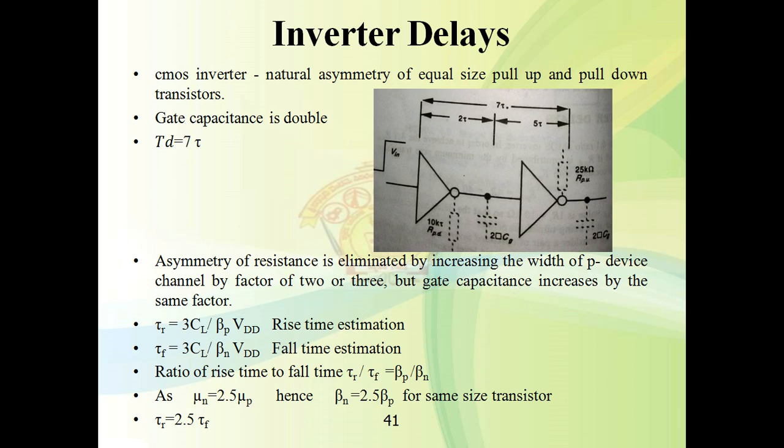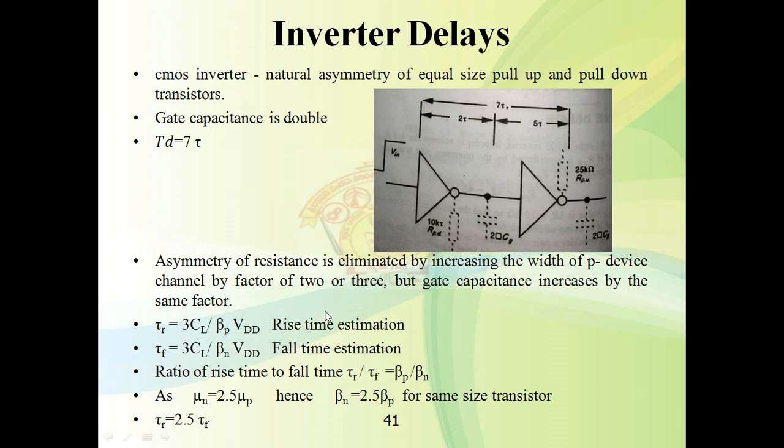You can go through the rise time estimation and fall time estimation in detail in the book. In the case of the CMOS inverter, the time required to charge means the time required to rise.